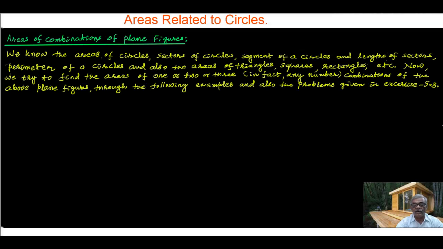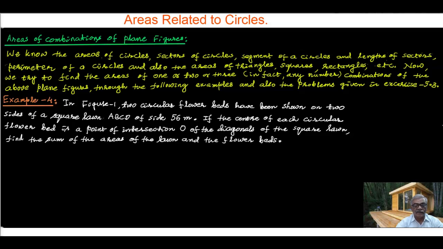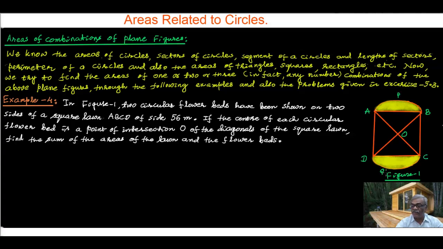As I have told, areas are related with the combination of circles or segments of a circle or sectors of the circle, or triangles, squares, rectangles, etc. Now we will explain these with an example which is solved in your textbook, which I am going to present here. And the plane figures you can see here.